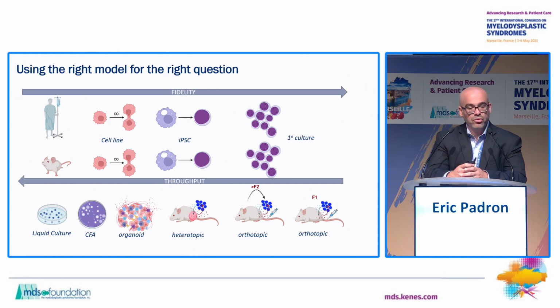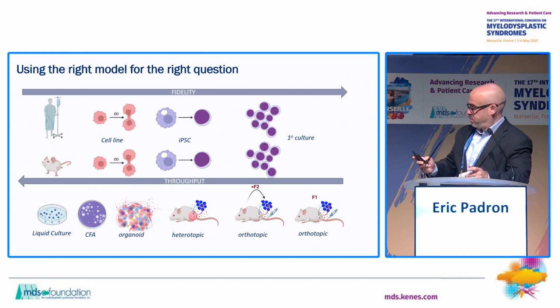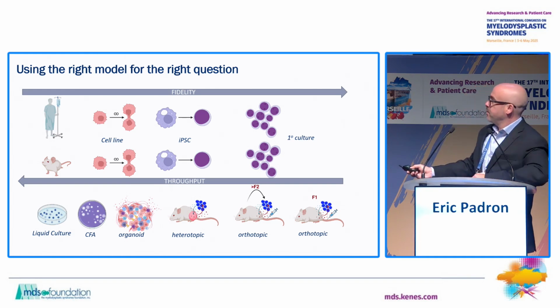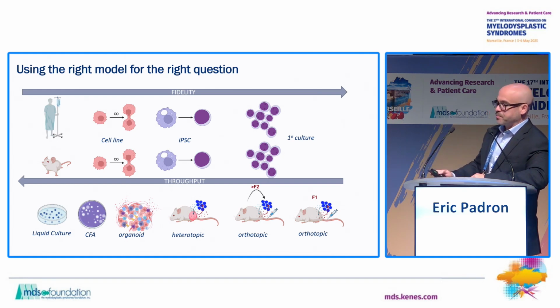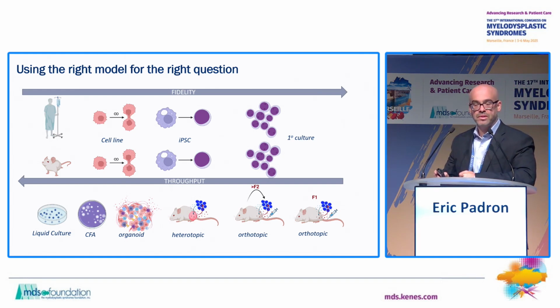Of course, there's liquid culture, there's colony formation assays, there's emerging data in the context of organoids, there's heterotopic transplants, xenografts, there's orthotopic xenografts, and I purposely put them in this order where F2 orthotopic transplants are here and F1 orthotopic xenografts are here, because I do think that while PDX models have their role, they have their role with the right questions.